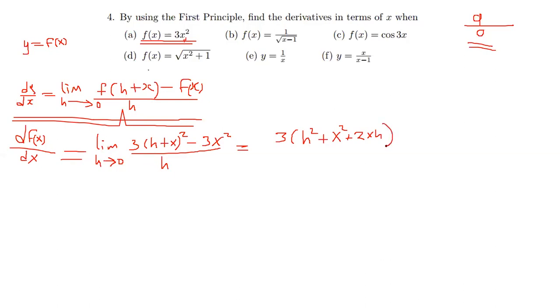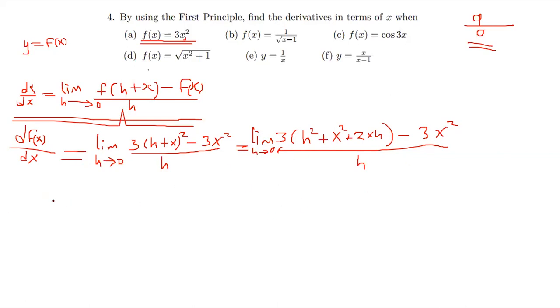This is what you're going to have when you expand that. Then you have minus 3x squared this side, then everything divided by h. Then you take the limit of this when h is approaching 0. So, proceed.